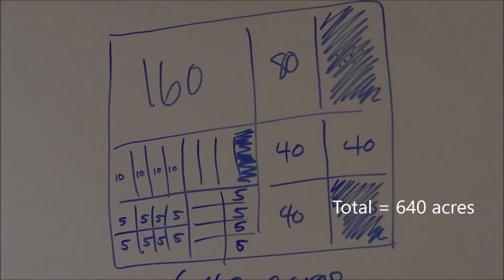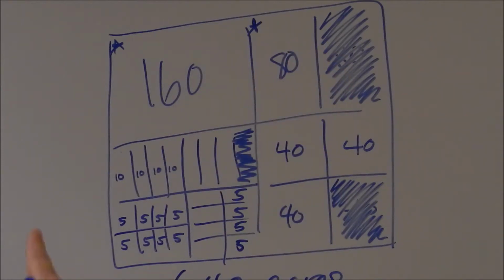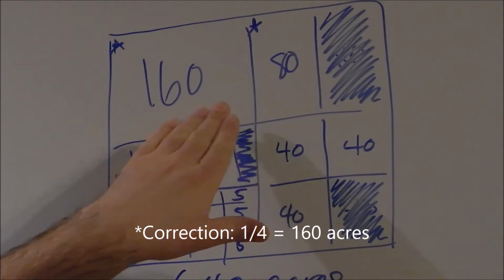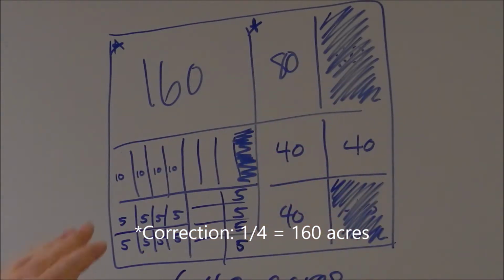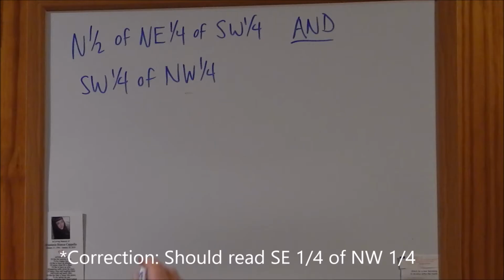So we know that 1/4 of 640 is 160, 1/8 is 80, and so on down the line. If you remember that 1/4 is 160 and you're able to break it down based on the fractions given to you, you'll be able to find out what the size is.